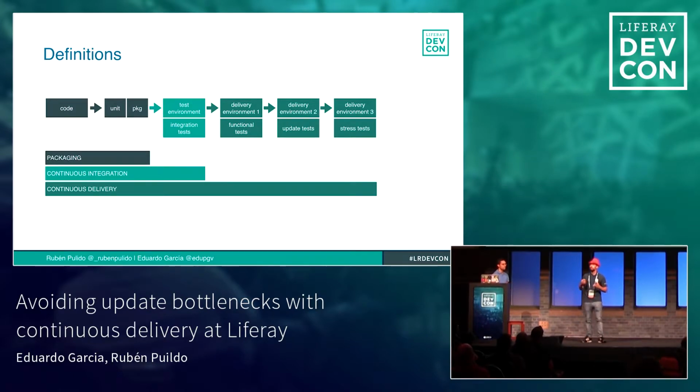Depending on the time and the resources of these validation tests, for instance, traffic load or massive data upgrades, you will need one or more servers to run them. But the idea is that by the end of this line, your changes must be ready for production. And this is the main purpose of continuous delivery: to put your changes into the hands of your consumer in a safe, reliable, and continuous way.